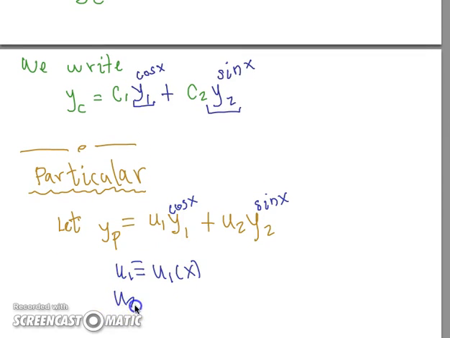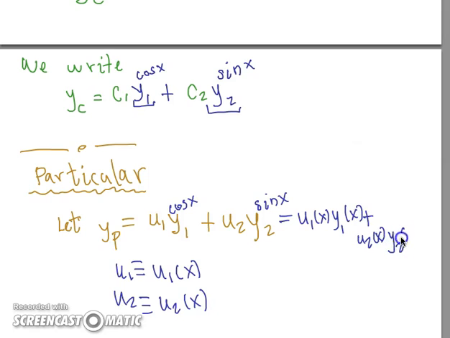So unlike the previous case where you had constants as coefficients in the linear combination, this is a special type of linear combination where u1 and u2 are functions. Everything is a function. So really when we write this, we mean u1 of x times y1 of x plus u2 of x times y2 of x. Everything being a function of x.